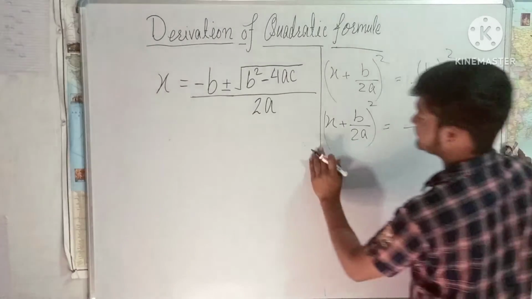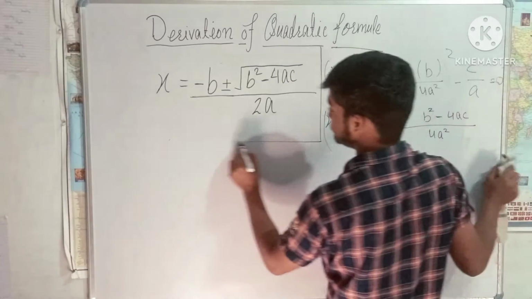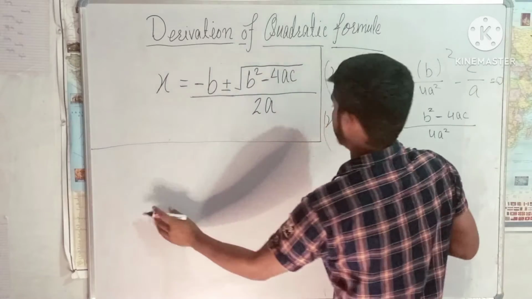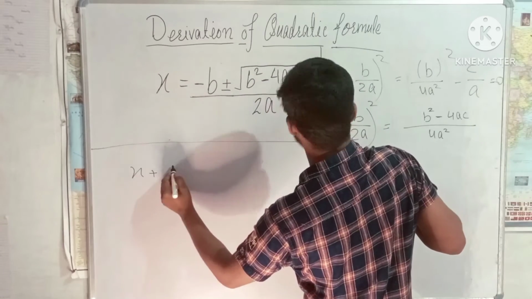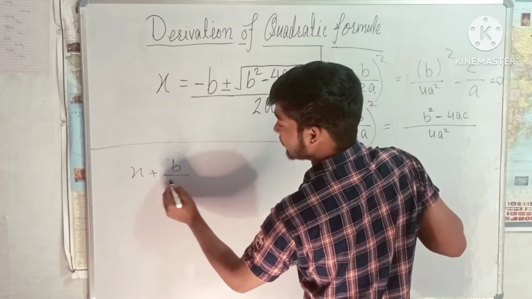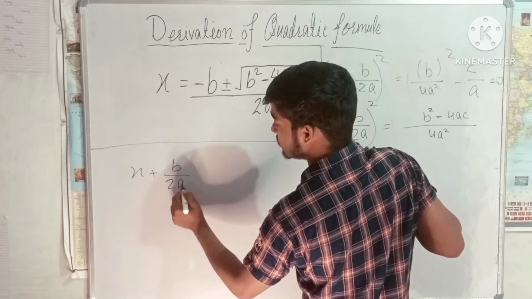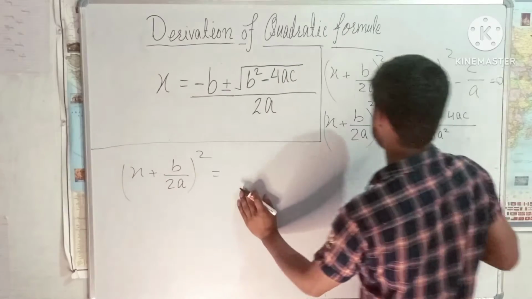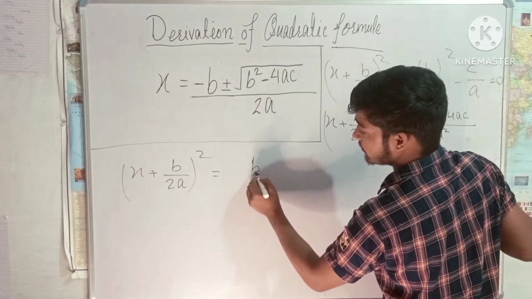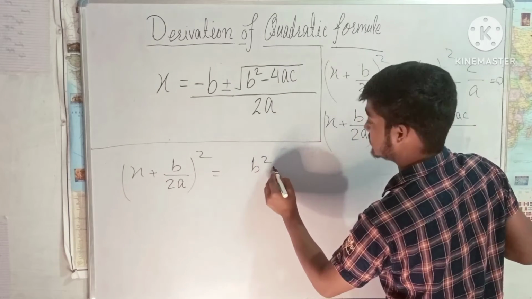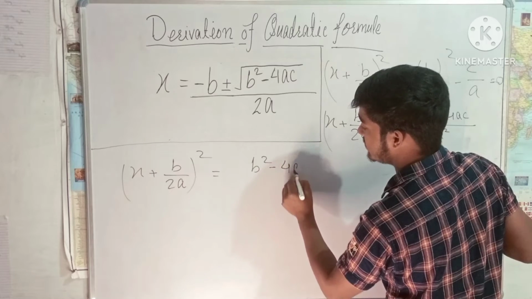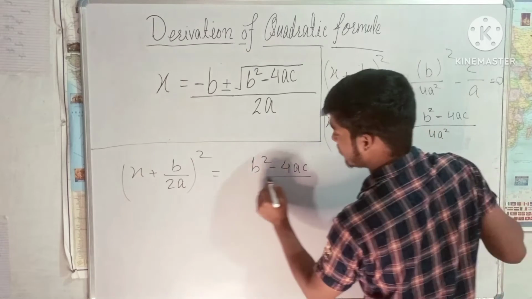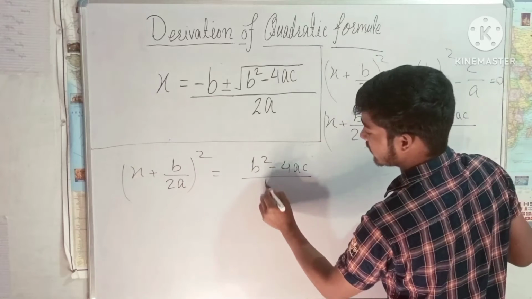Then x plus b upon 2a square is equal to b square minus 4ac upon 4a square.